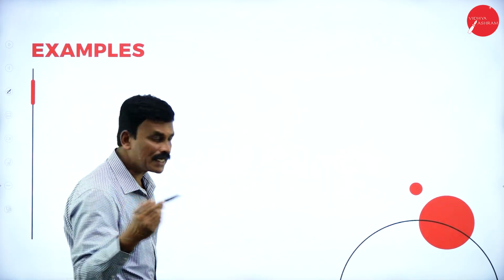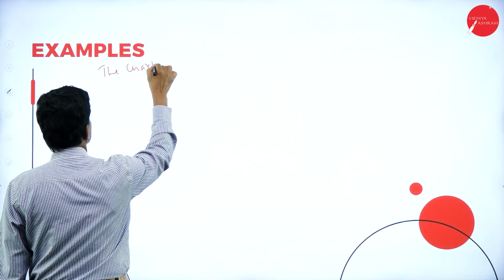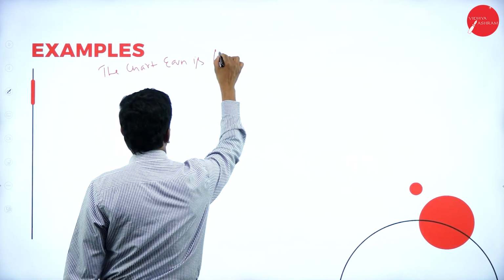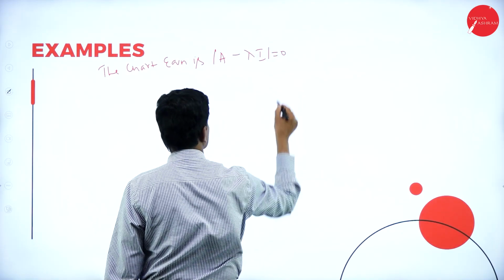Now the characteristic equation is determinant of A minus lambda I is equal to 0.